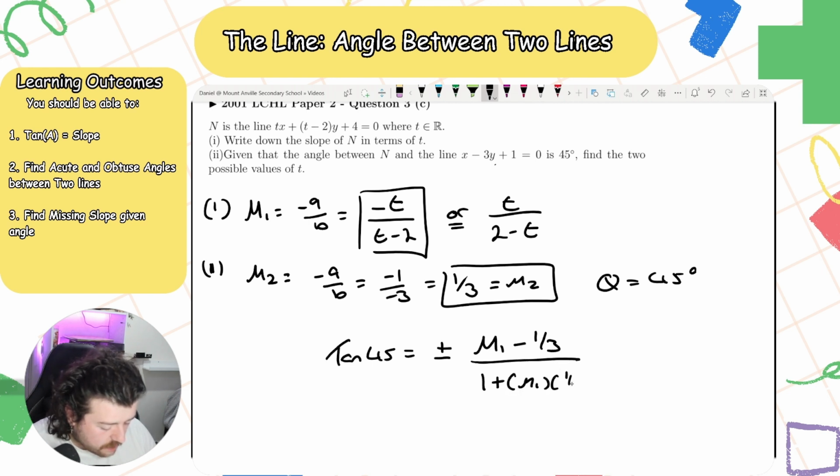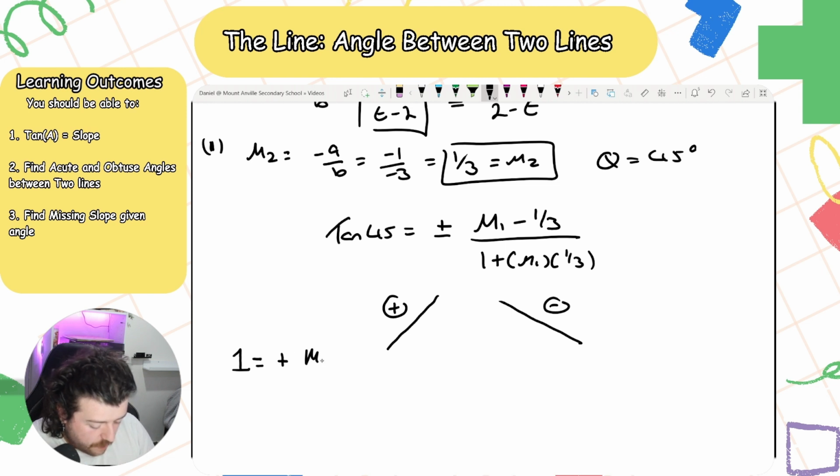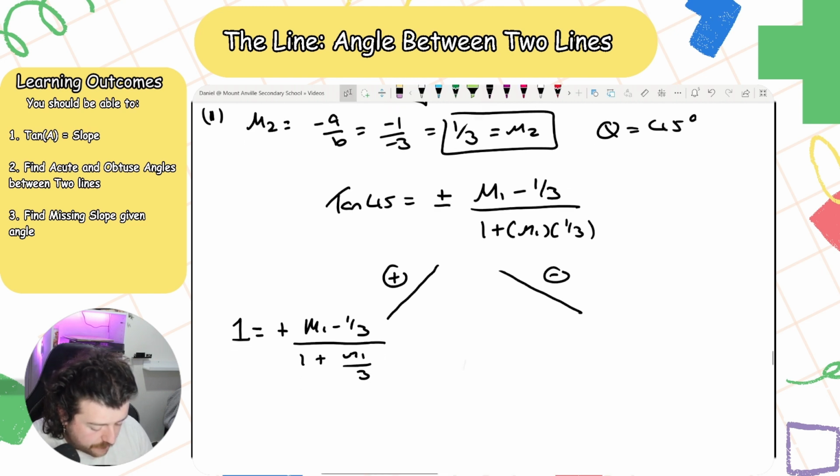m1 times 1/3. So I'm going to take the positive sign here and the negative sign here. So I have tan 45, and tan 45 is equal to 1. So 1 is equal to plus m1 minus 1/3 all over 1 plus m1 over 3.